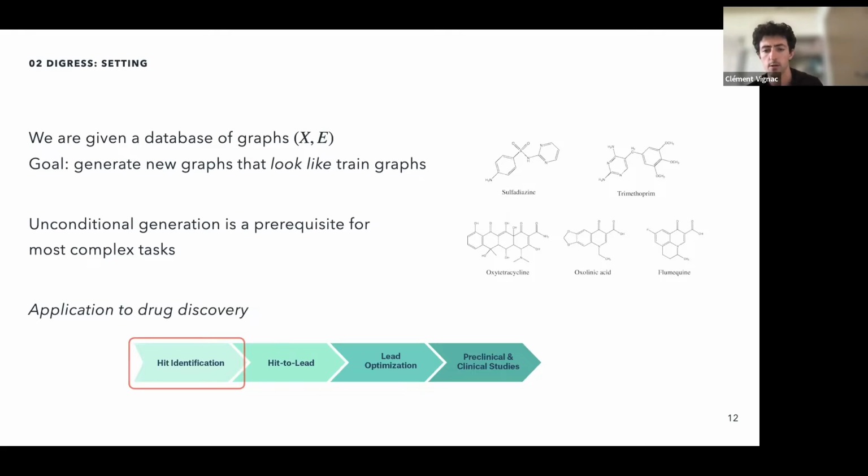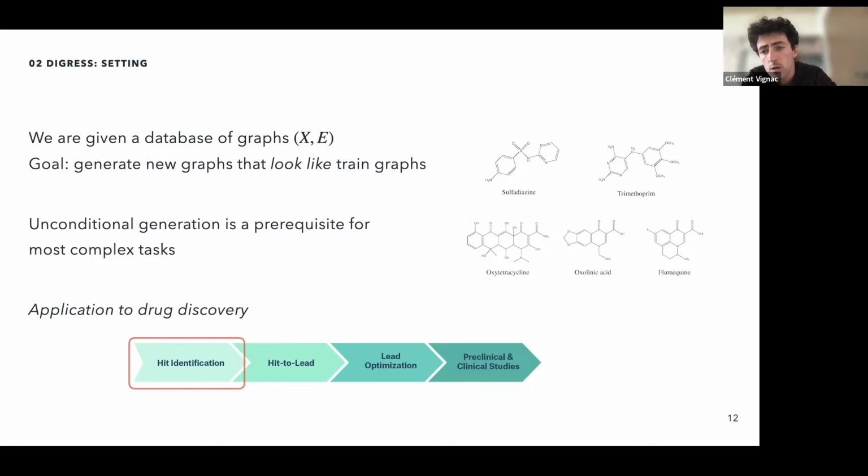So for example, you have antibiotics on the right, and we hope to generate new antibiotics. Of course, for now, it's just unconditional generation, and in most applications, you have some conditions that you want to impose, but at least you need to be able to do unconditional generation before moving on to more complex tasks. So I see it as a prerequisite.